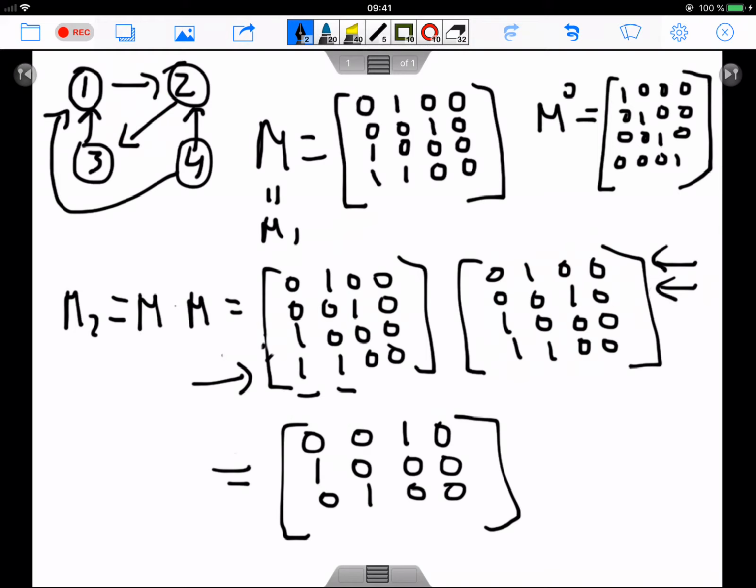This is consistent with the interpretation of the square of the matrix as the 2 reachability matrix, as the matrix that gives us the paths of length 2, because what we are doing when we start in 4, now we are in row 4, so these are the paths that have length 2 and start in 4, is to either go to 2 or go to 1.